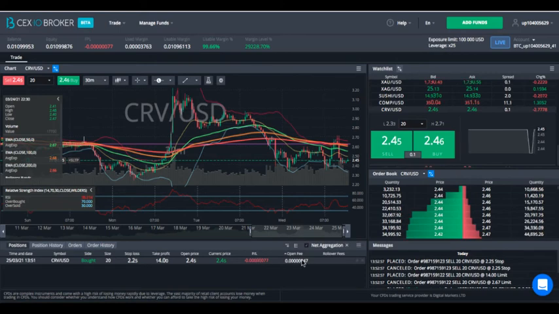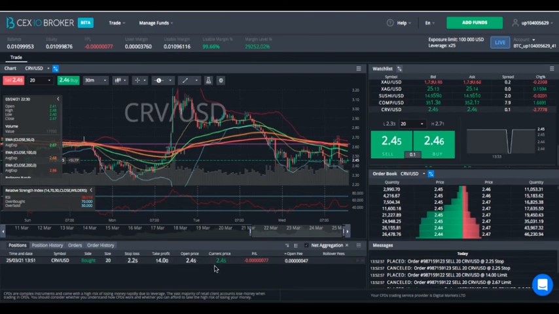Over here it also says what my open fee was. So in other words, you have to pay a fee every time you actually execute a trade. And the bigger your trade, the larger your fee size will be as well. So just bear that in mind. There is a small fee that you'll have to pay for every single trade.